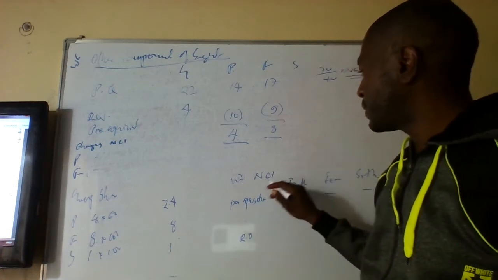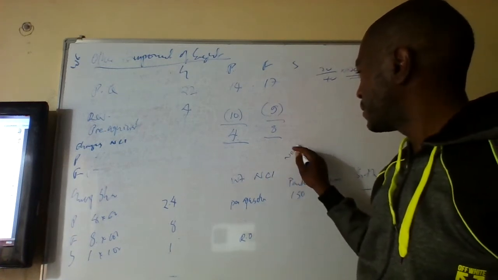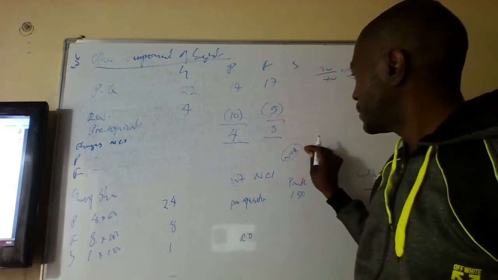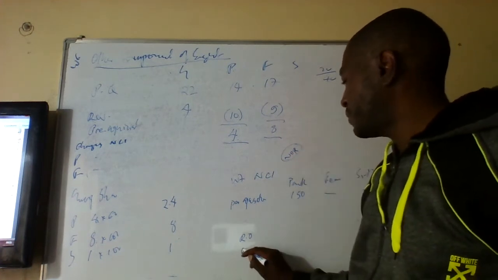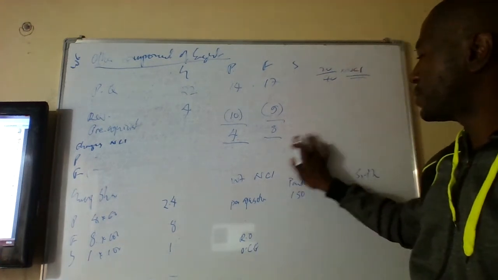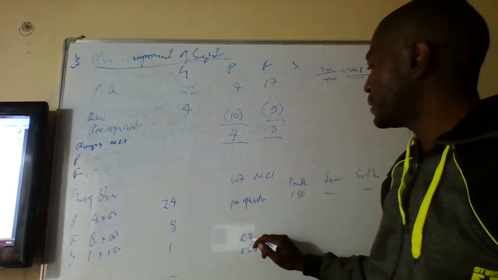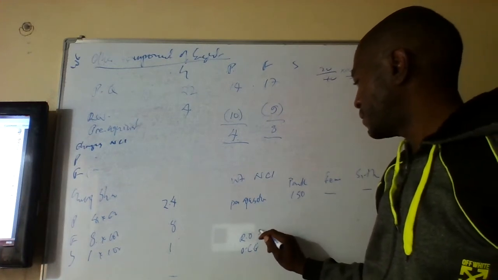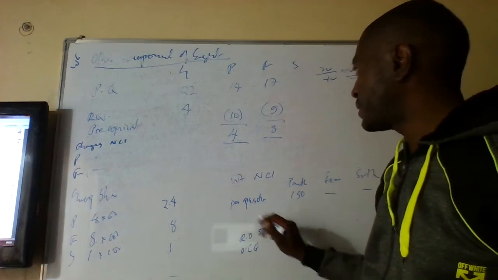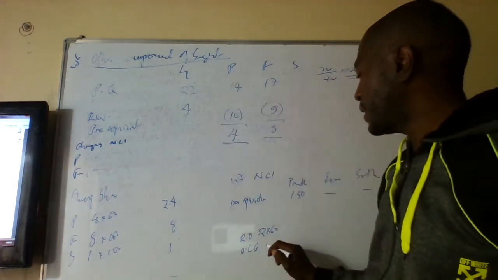So remember that 52 that I was talking about in retained earnings. We had 60%. This time we're going to have 40%. Then the other components of equity already there is 4.